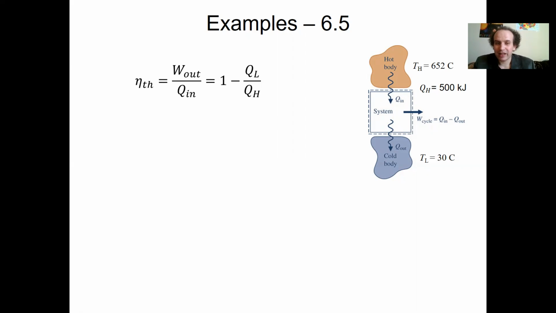How many variables do I have? I have four variables, 1, 2, 3, 4, right? QL, QH, you understand here that QL is Q out, QH is Q in, right? So you have four variables: efficiency, work, QL, QH. What do I know here? I know QH, okay?